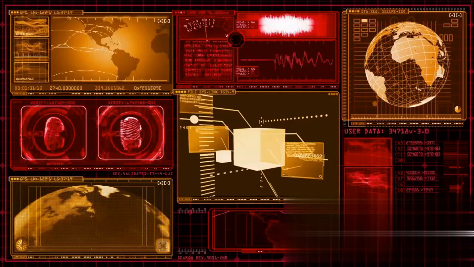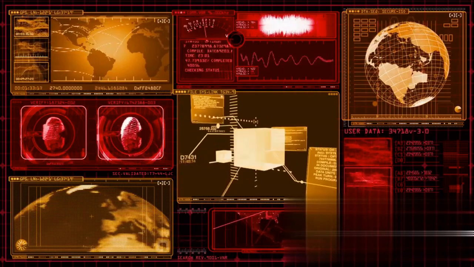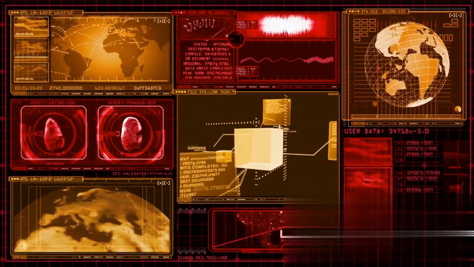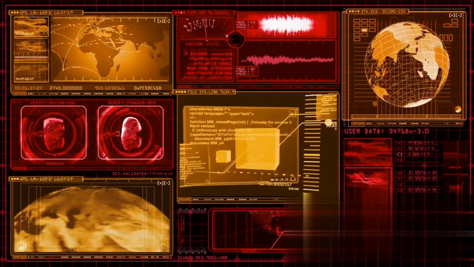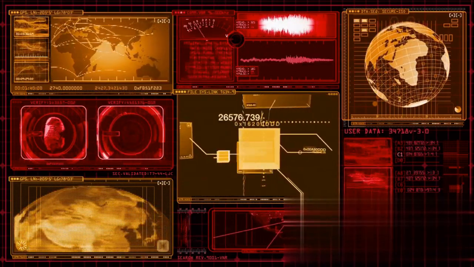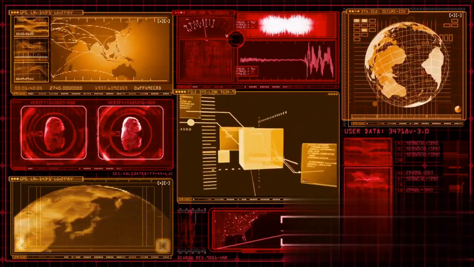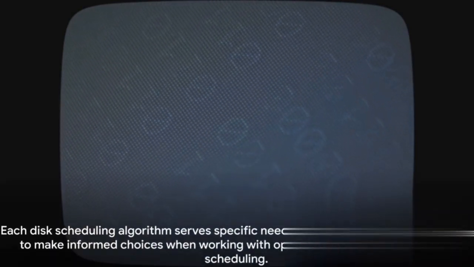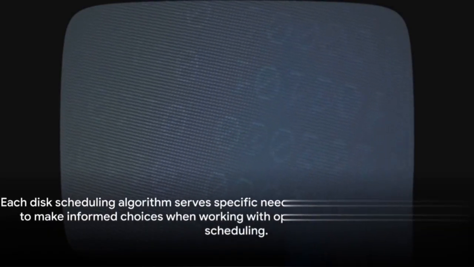Finally, we examined the look and clook algorithms. The look algorithm, similar to scan, stops at the last request in the current direction, avoiding superfluous movement to the edge of the disk. clook combines the features of cscan and look, efficiently serving requests in one direction, much like a one-way elevator. Each of these algorithms has its unique features and differences, serving specific needs and scenarios.